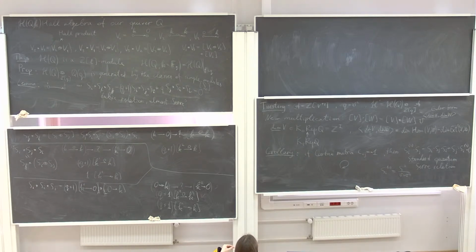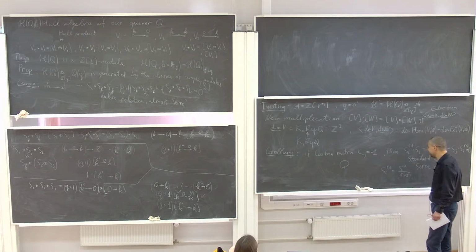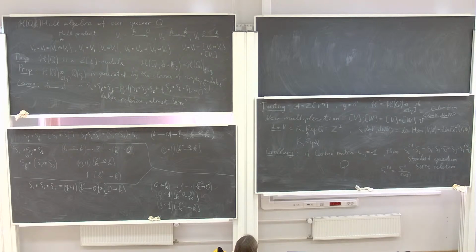So if Drinfeld had not discovered quantum groups from statistical physics considerations, then it would be discovered just 5 or 10 years later this way from the Hall algebras of quivers.